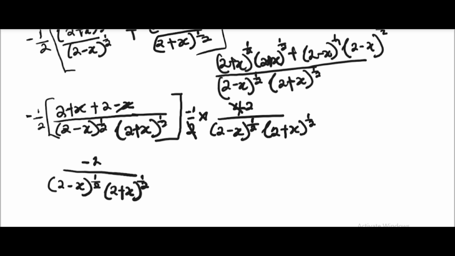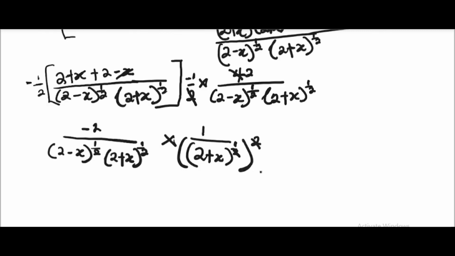So bringing in the denominator over v squared, and our v squared is 2 plus x raised to the power of half. So squaring, according to the law of indices, this will cancel out.